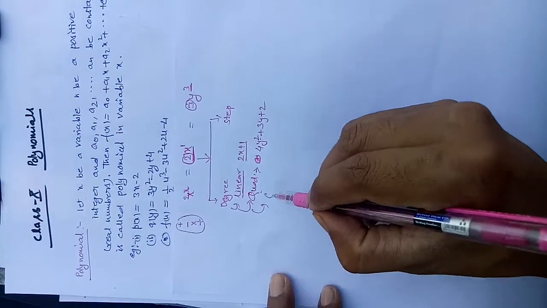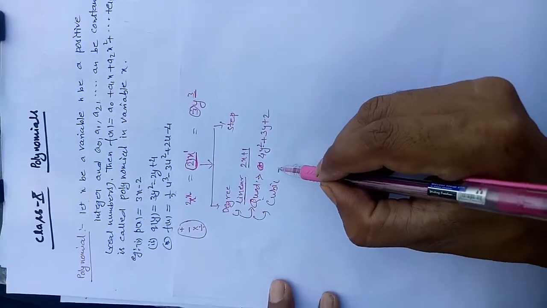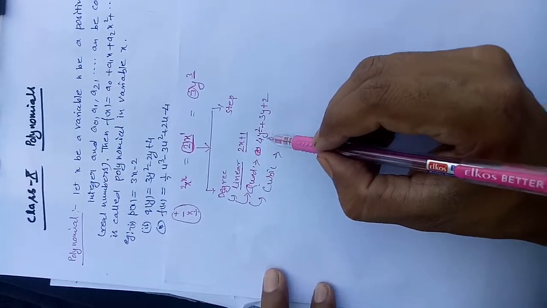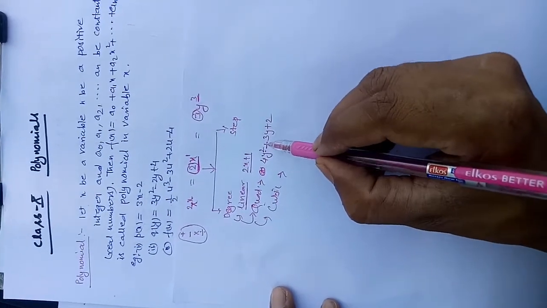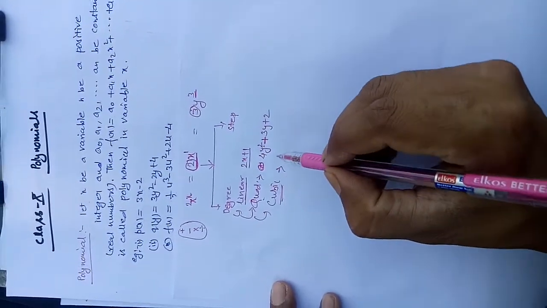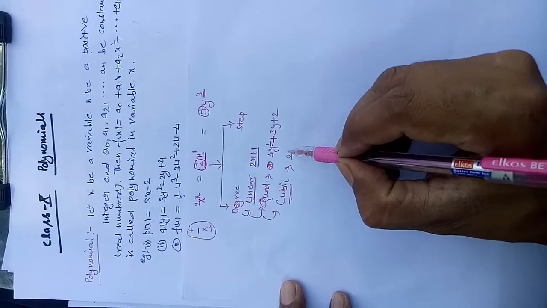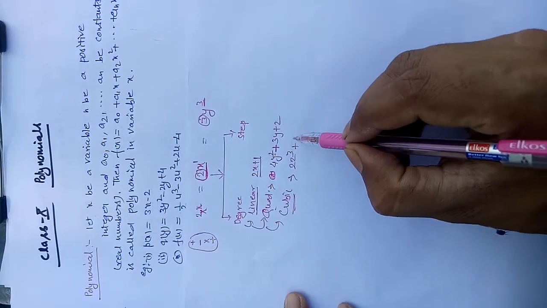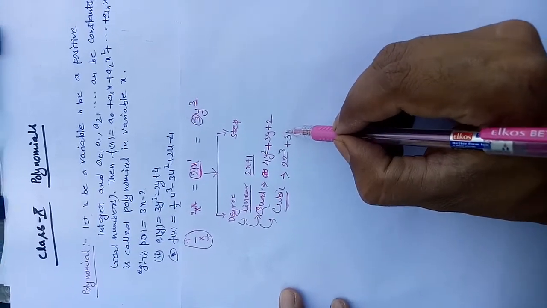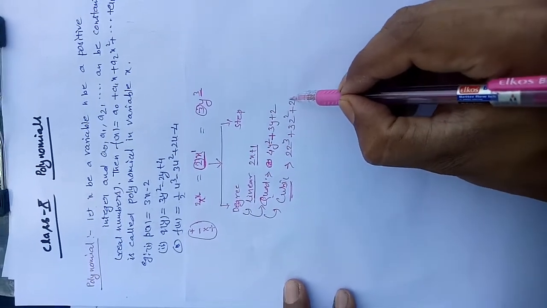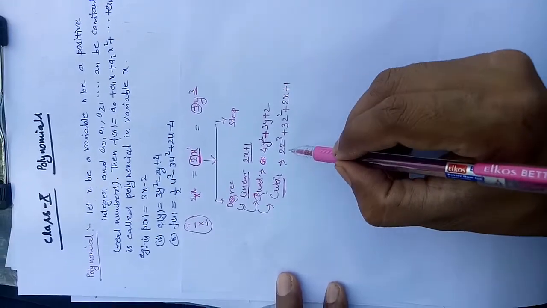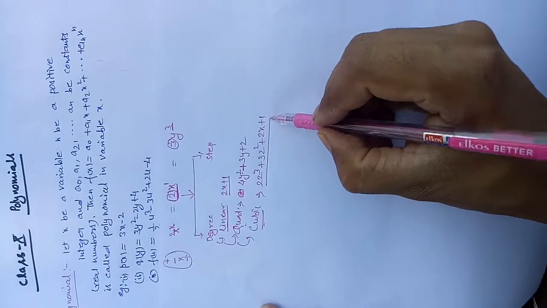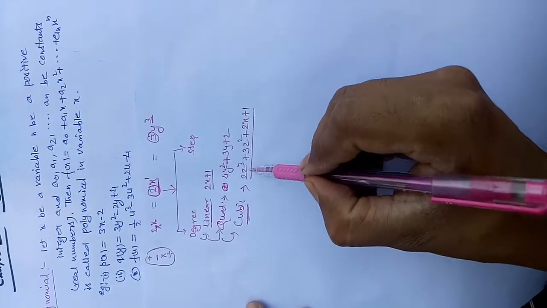Cubic, that is an algebraic expression containing highest degree 3 is known as cubic, like 2z cube plus 3z square plus 2z plus 1. So this is the algebraic expression in terms of z variable.